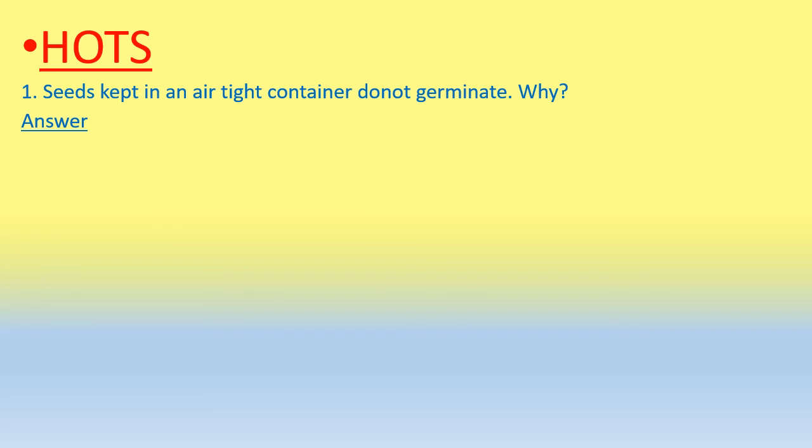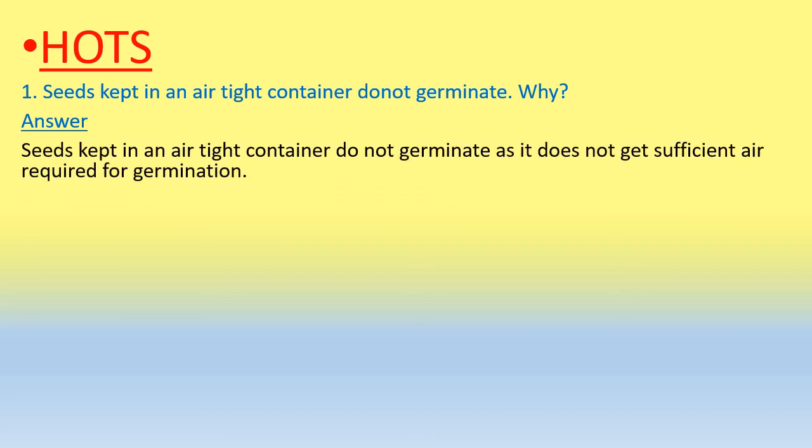But here the seed is kept in an airtight container. That means it doesn't get sufficient air, so it will not germinate. Its answer is, seeds kept in an airtight container do not germinate as they do not get sufficient air, which is required for germination.